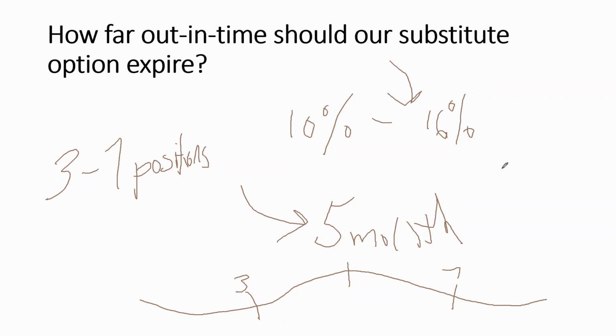And what this translates to is 1 to 2 new positions required per quarter, per every 3 months.